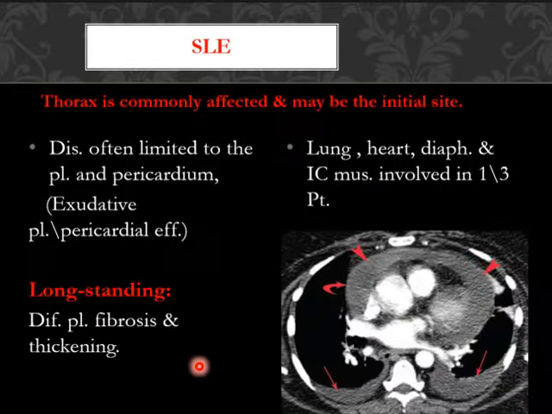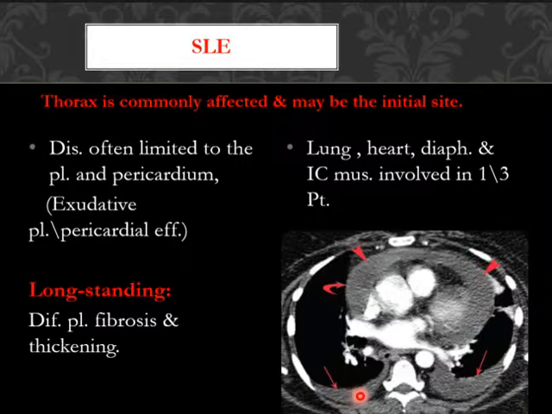Another connective tissue disease is SLE. The thorax is commonly affected, and, as in rheumatoid arthritis, may be the initial site of manifestation. Usually SLE is limited to the pleura and pericardium, which causes exudative pleuropericardial effusion. In long-standing cases, there will be diffuse pleural fibrosis and thickening.